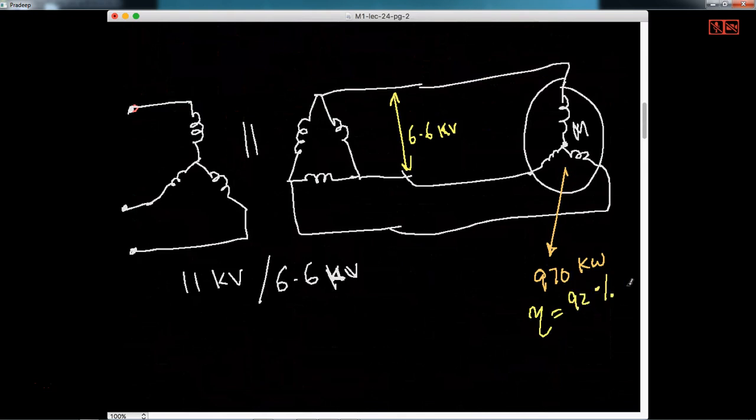That means if I know the output and the efficiency, I can find the input to the motor. So first let us do that.